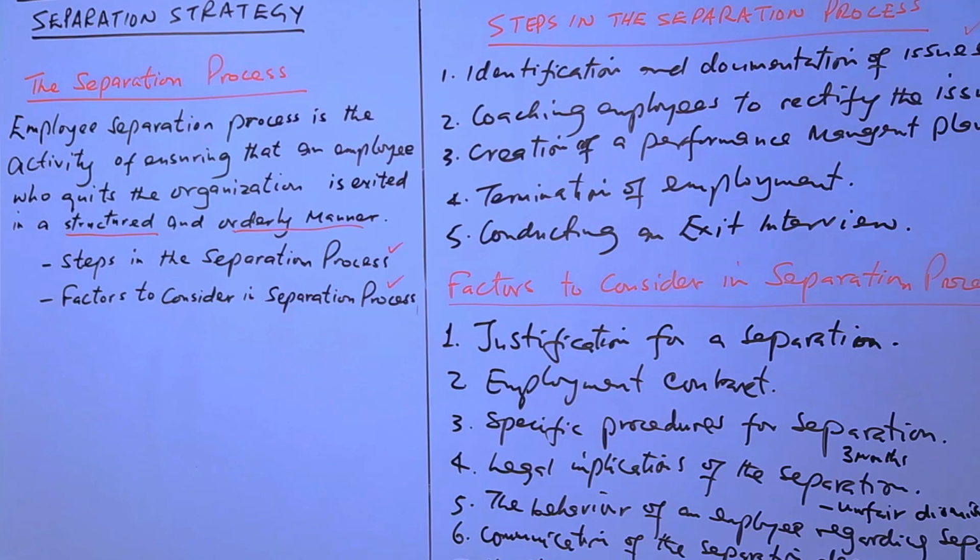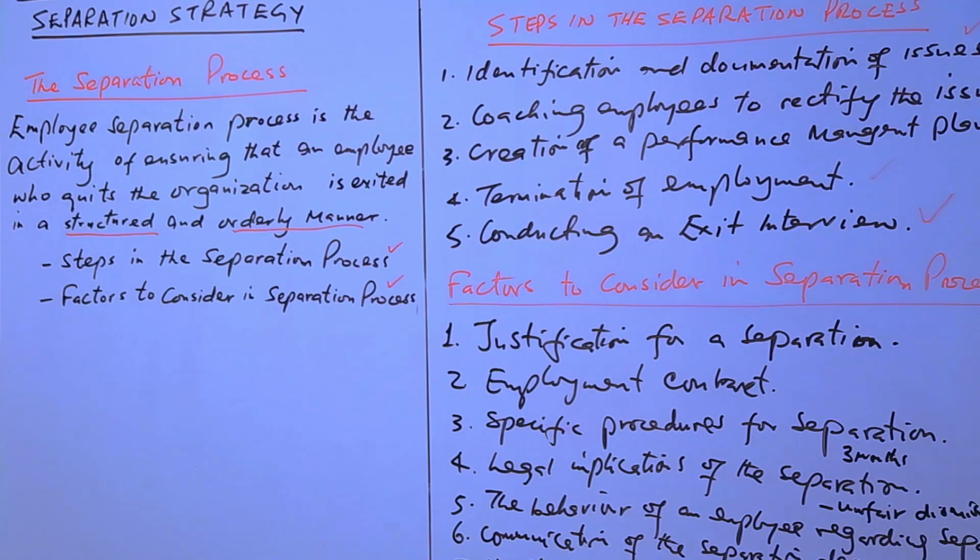Number 3, creation of a performance management plan in an organization. Then number 4, termination of employment. And number 5, conducting an exit interview. So those are the steps that may be taken in the separation process, and we have indicated that it will vary from case to case.